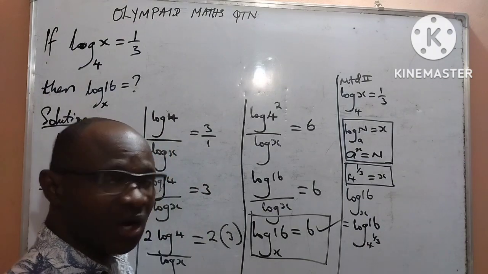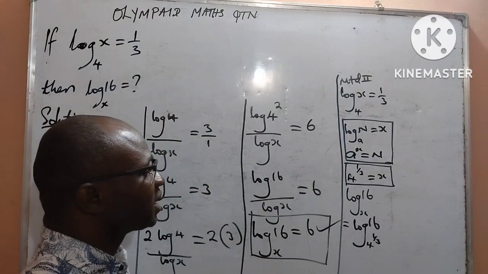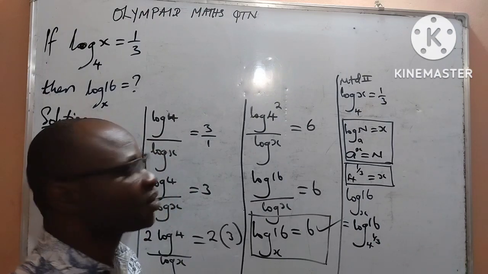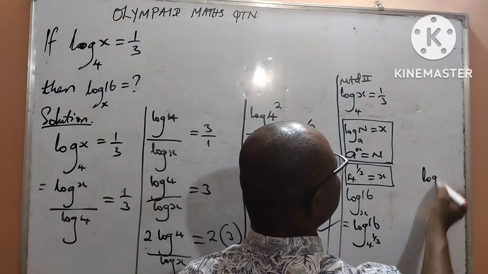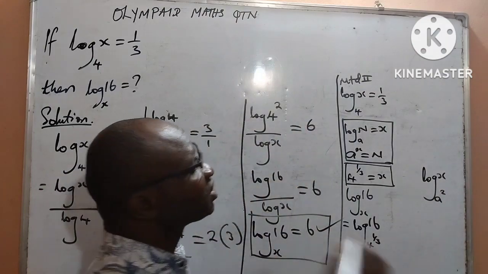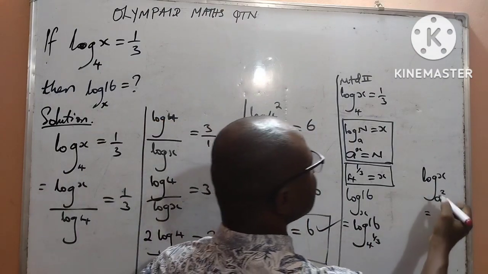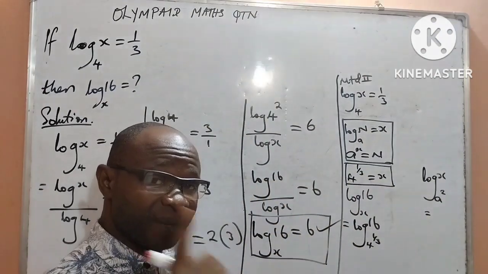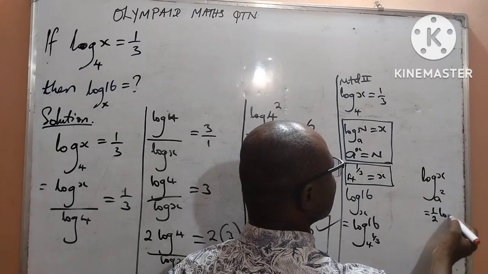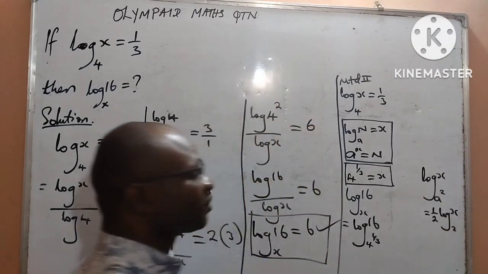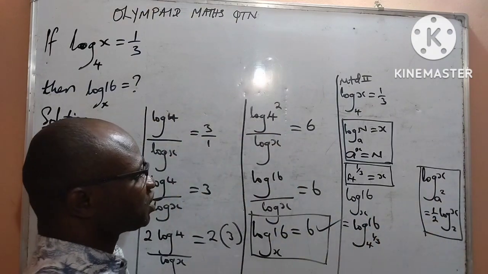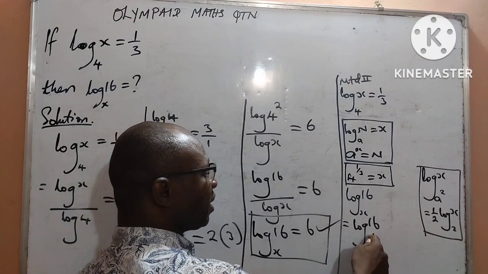Now, there is also a law of logarithm about the power of the base. That law says that if you are given the log of x to base a raised to power 2, it is going to be equal to the reciprocal of the power of the base, which here is 1 over 2, times the log of x base 2. So I am going to apply this law here. I will take the reciprocal of the power of the base.